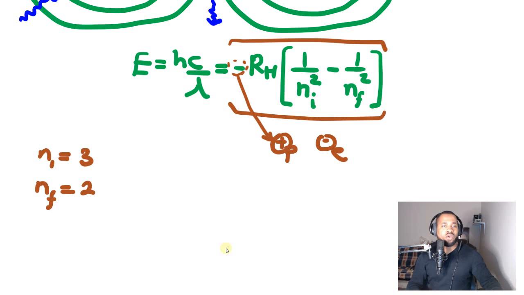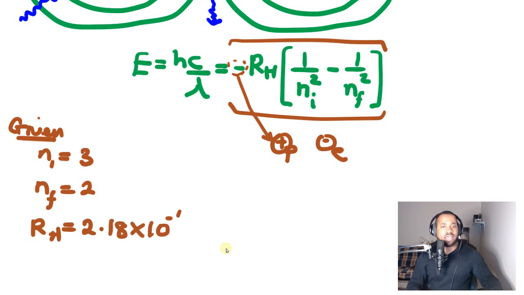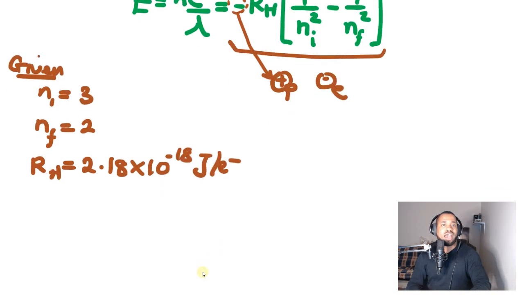And so once we have those givens, and we know that the specific RH, which is the Rydberg constant, is equal to 2.18 times 10 to the negative 18 joules per electron, we'll be able to determine what the energy is, and hopefully from there we'll be able to determine what the specific wavelength is.